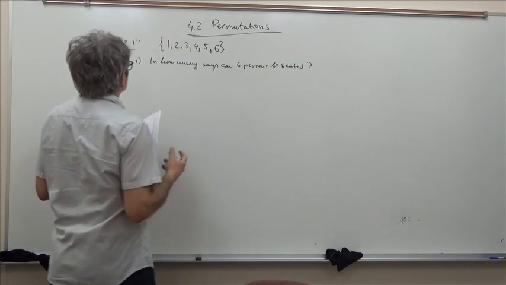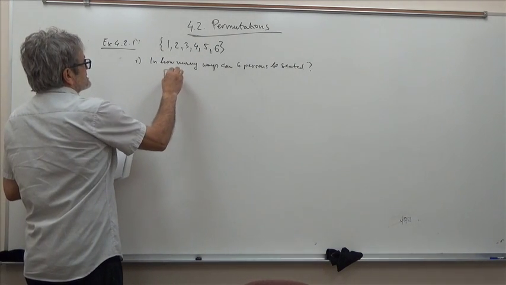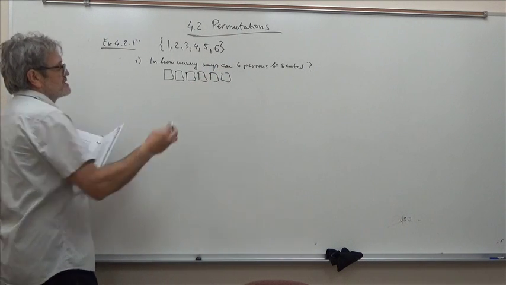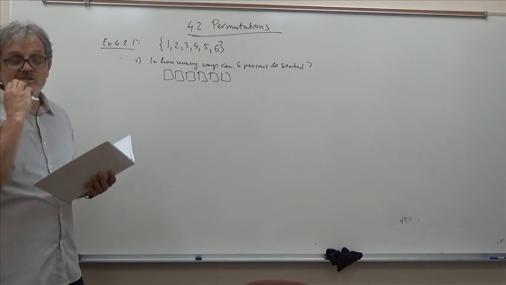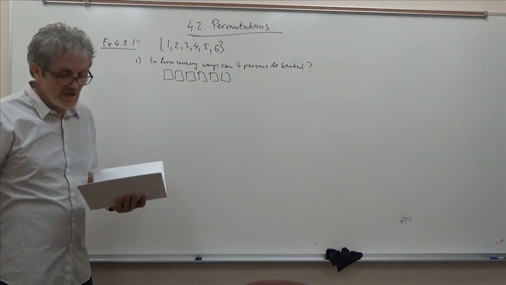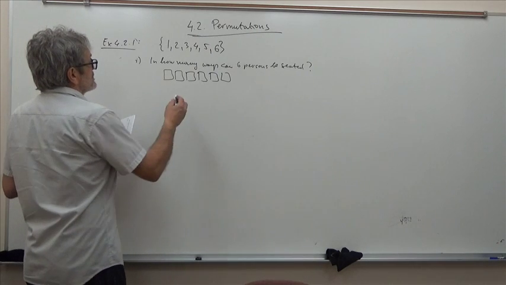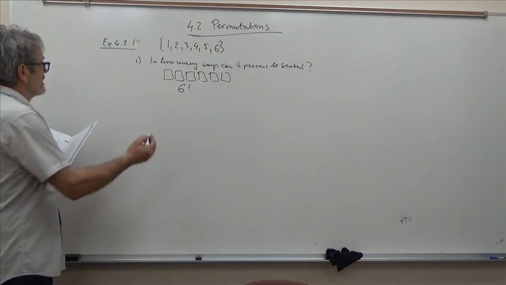I'll immediately answer the questions. So there are 6 spots and 6 persons. Everybody's in, so there's a seat for everybody. Order is important, nothing else is important. No person sits on 2 seats. So it's obviously a permutation. So the answer is 6 factorial. That was just calling the formula.